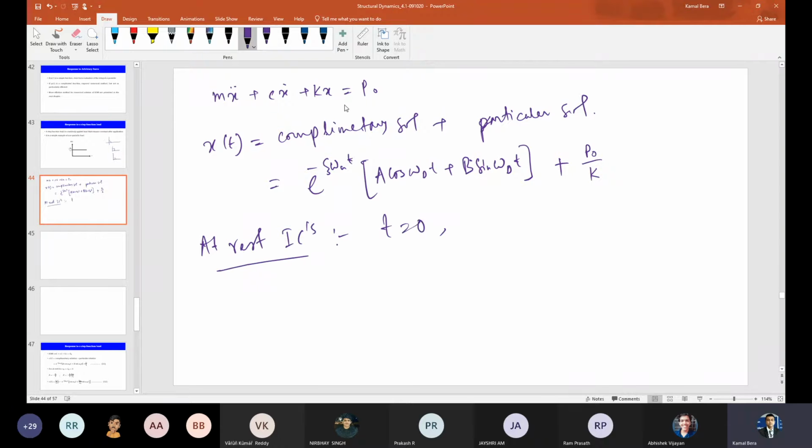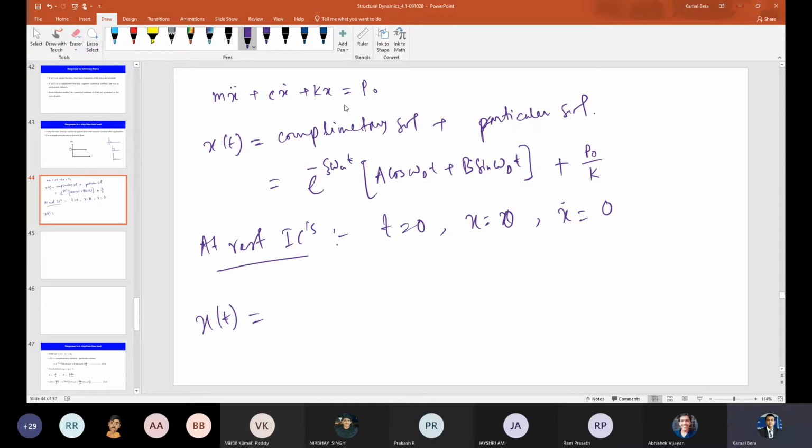So at time t equal to 0, x equals 0 and x dot equals 0. If you put it there and find out A and B, tell me the final expression x(t). Initial displacement and velocity being 0 is most common for most practical cases, at least in structural engineering applications.